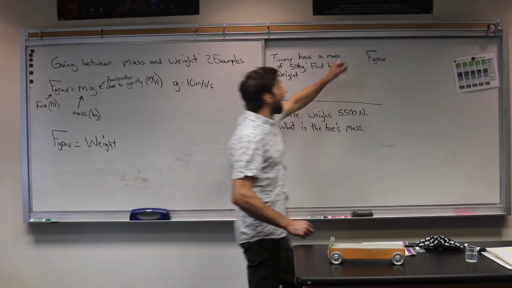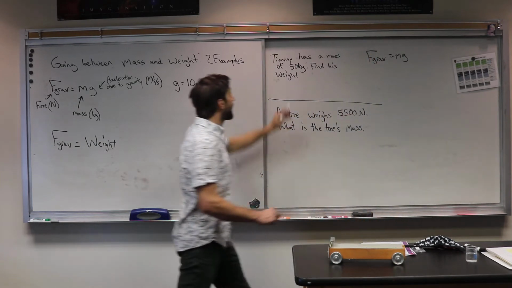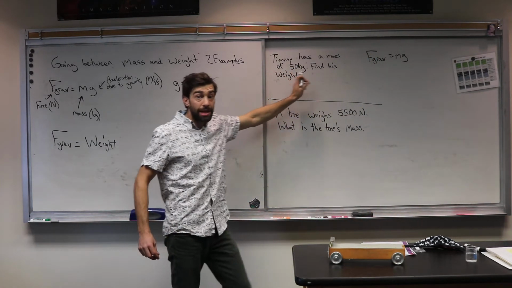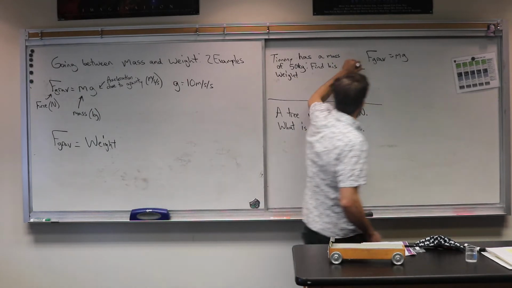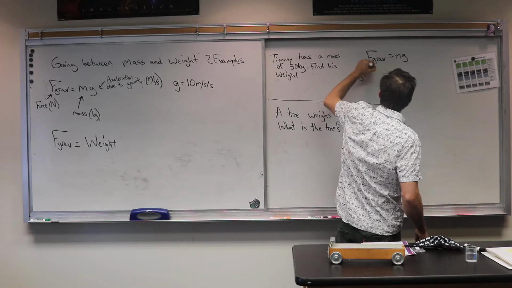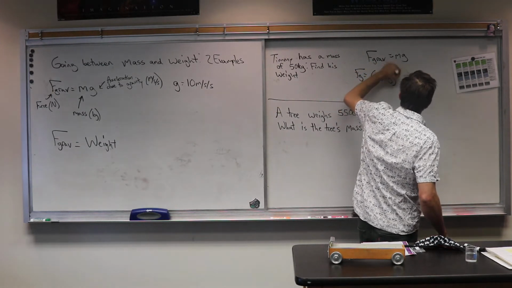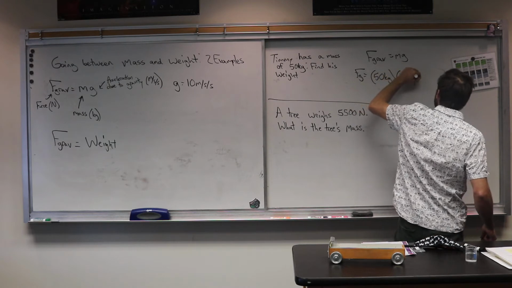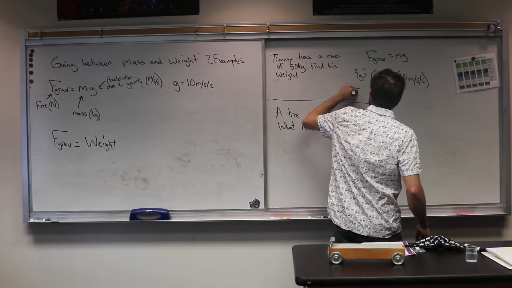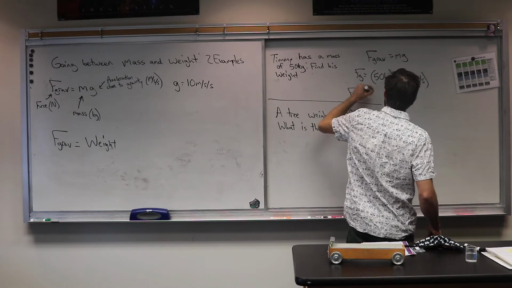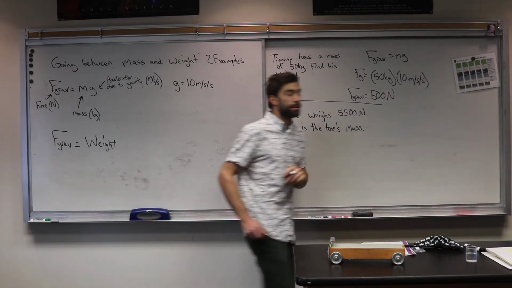So, force gravity equals mg. Well, we have Timmy's mass, and g we know is 10 already. And so force gravity equals 50 kilograms times 10 meters per second squared. And our force gravity is equal to 500 newtons.